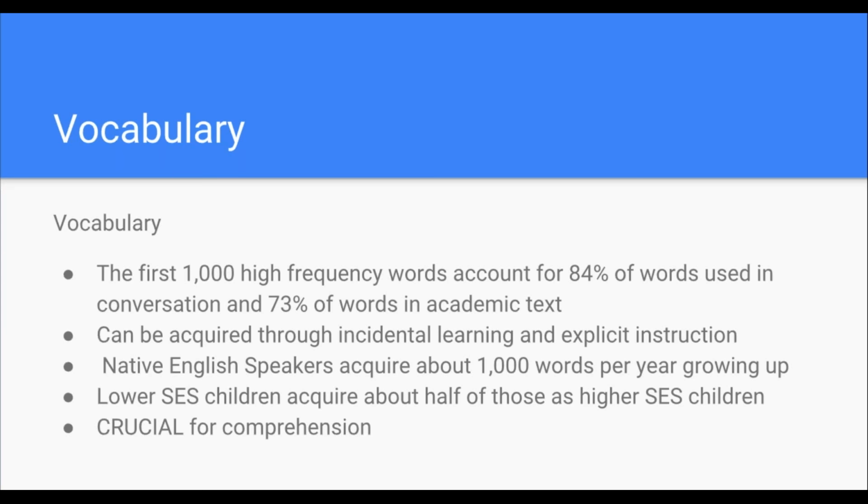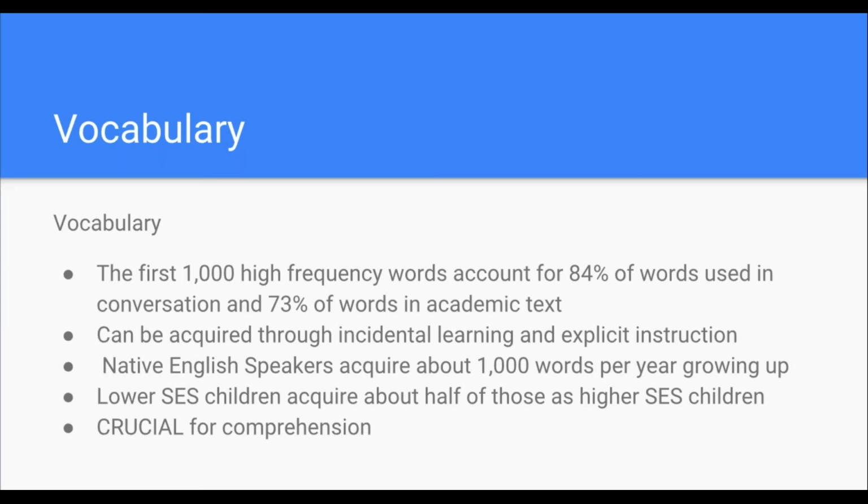Here is where the discrepancy comes in and why English language learners as well as lower socioeconomic children struggle or can struggle in school. So lower socioeconomic students acquire about half of those as a higher socioeconomic student. And that's huge.